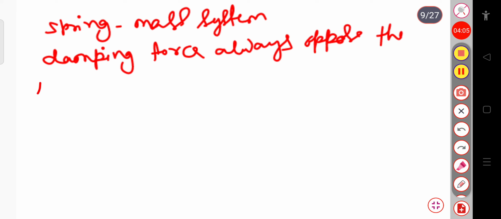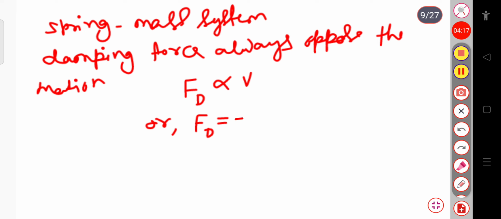Therefore, for the damping force we can write Fd is proportional to the velocity v, or simply, since it opposes the motion, I can write minus b into v. Suppose this is your equation number 1.